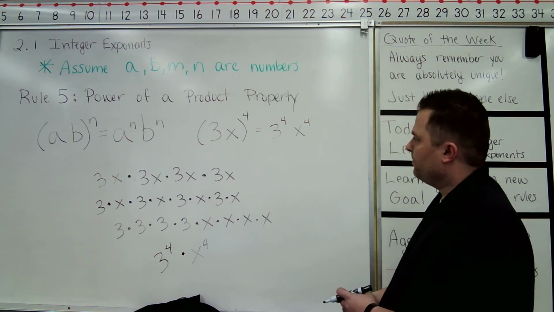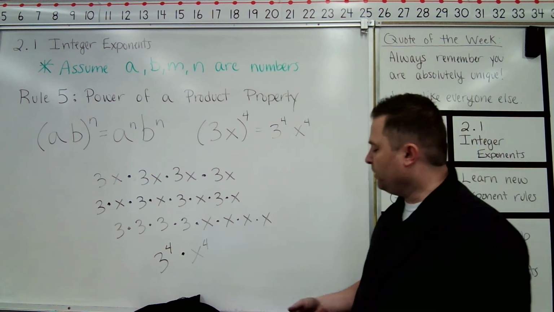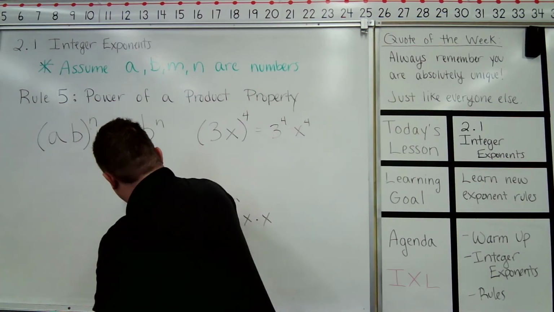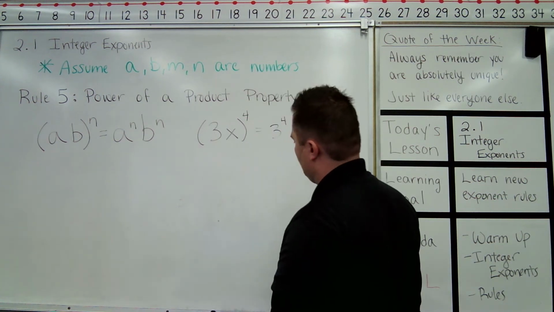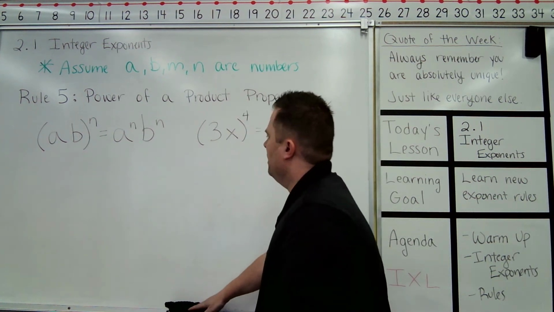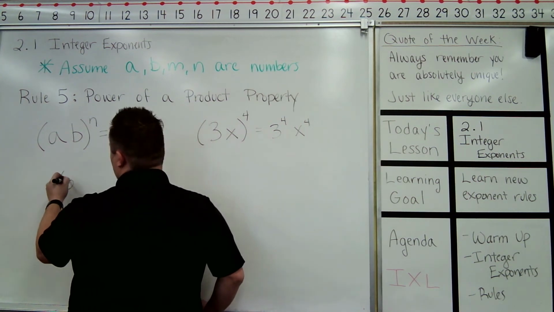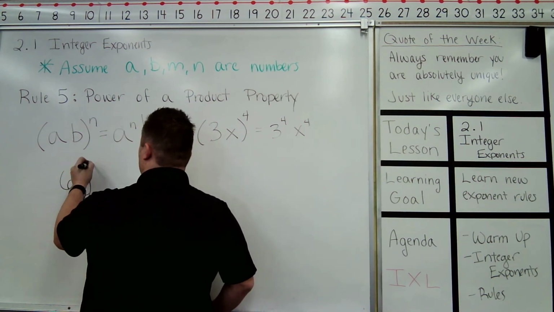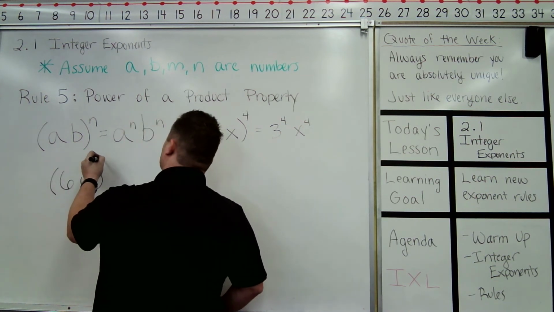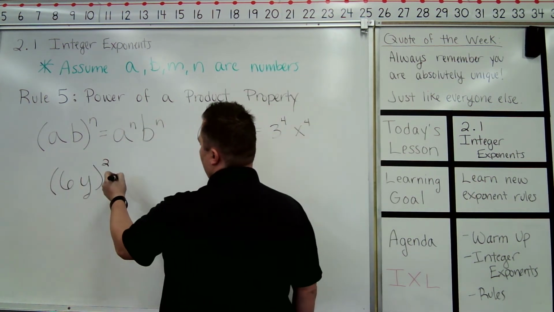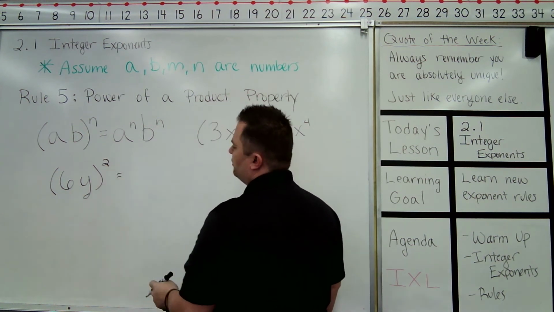Okay? Let's do a couple of examples before we go on to the next video. Suppose I have (6y) squared. I'm allowed to rewrite that.